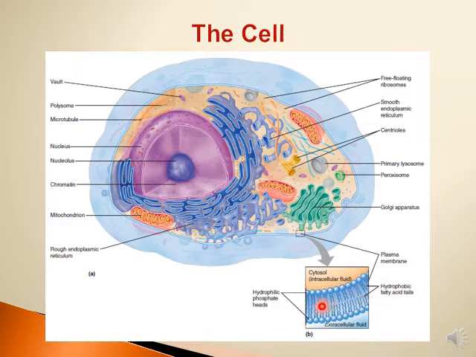So if we put many molecules in a solution, they will assume this position where the hydrophobic fatty acid tails face each other, and the hydrophilic phosphate heads will face the water, either on the inside of the cell or the exterior of the cell.